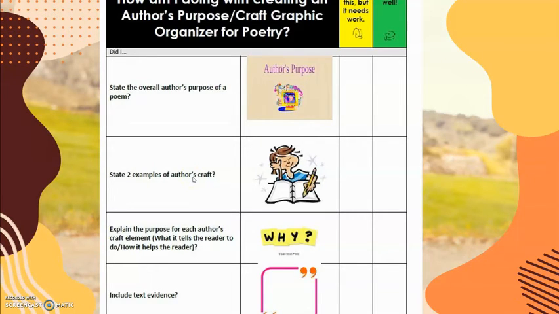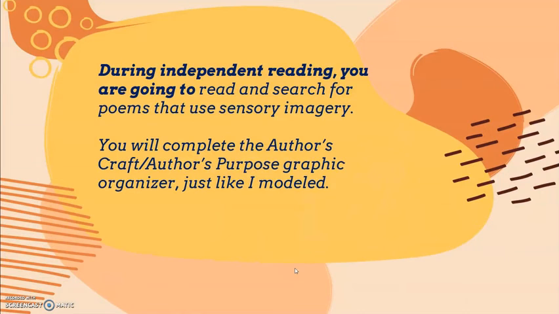You're going to pick lines in the poem and then tell why they were used. Last, you're going to explain, after you've chosen the lines, the purpose of the author's craft element, what it tells the reader, or how it helps the reader understand the poem. Last but not least, you're going to give your text evidence in your writing in the table.